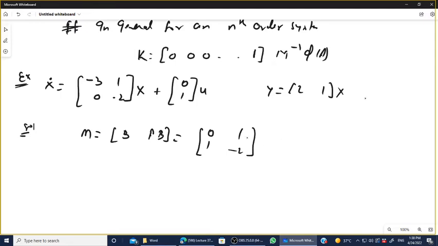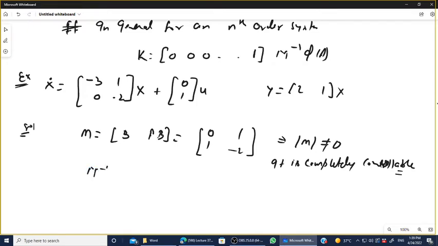Since this is a second order system, the rank is 2, or the determinant is non-zero, which means it is completely controllable, and you are able to design the controller.